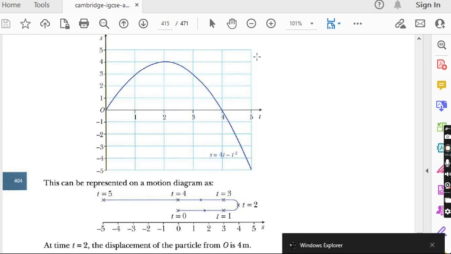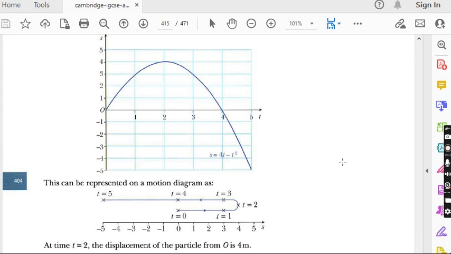See this line, a number line from -5 to +5. This line represents s, the displacement: 0, 1, 2, 3, 4, 5. At t equals 0, you can see the displacement is also 0. It means nothing, no change.